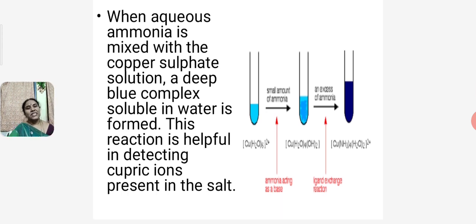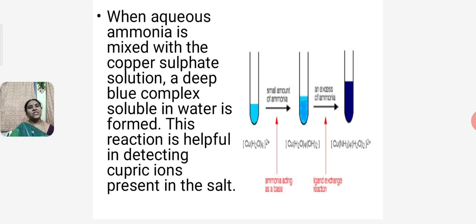And how do you test the presence of Cu2 plus ions in a given salt? In class 11th, you might have performed a test for Cu2 plus ions. You prepare a salt solution and add ammonia solution. Then you get a blue precipitate which dissolves in excess ammonia, producing a deep blue colored solution.